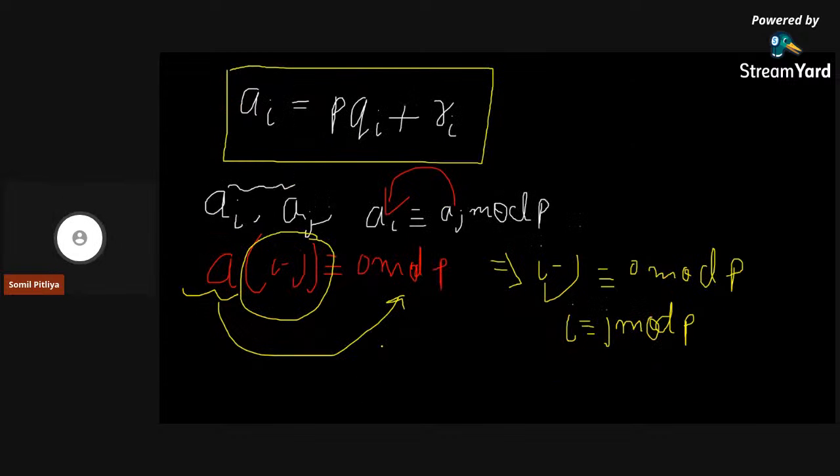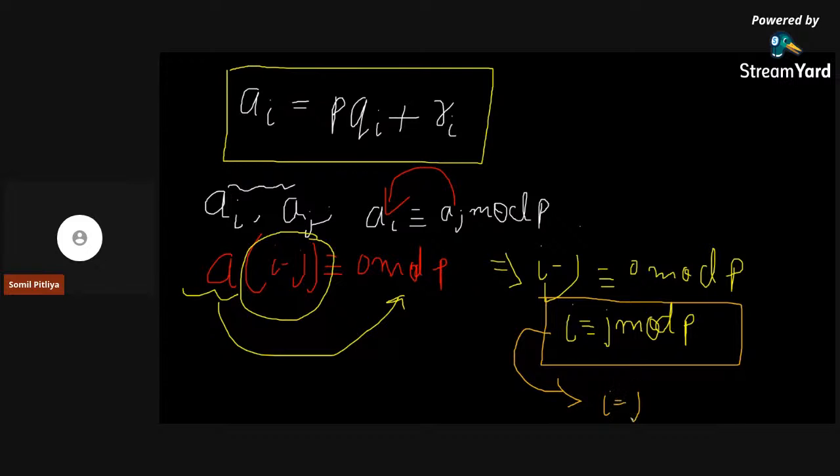So there can't be a difference greater than P. So I is congruent to J modulo P is only possible when I is equal to J.